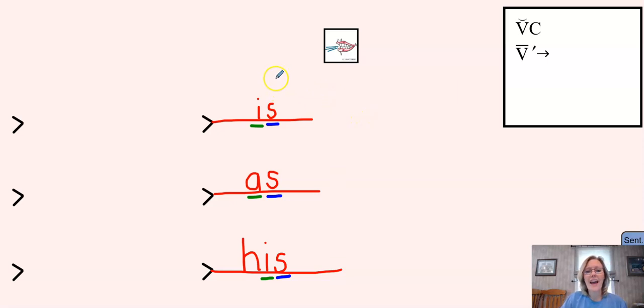If we have a single S, that means an S by itself, after a voiced sound, a sound where our throat is vibrating, this S isn't going to make its usual sound like we're used to.